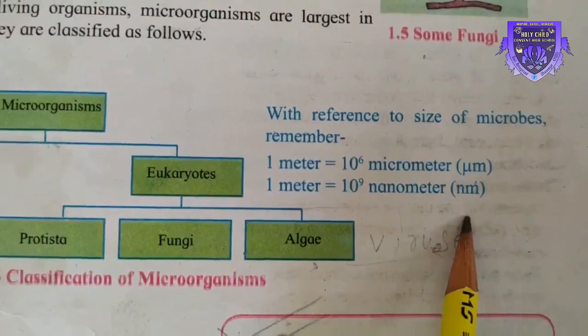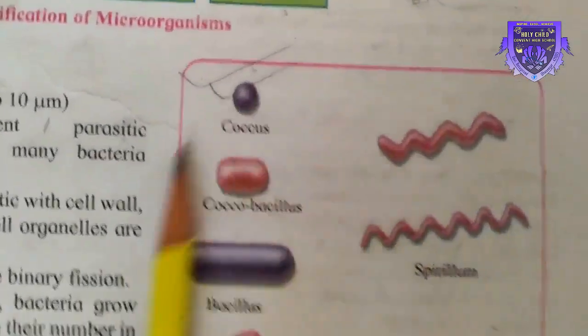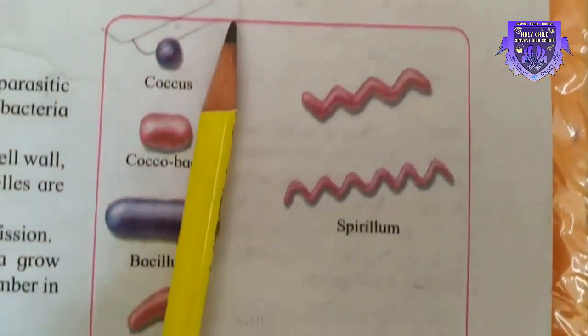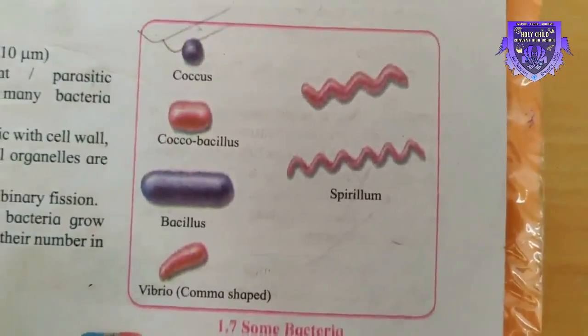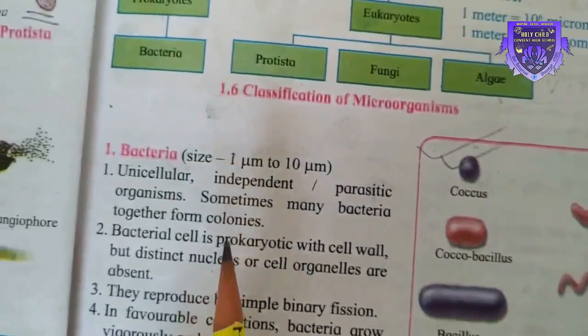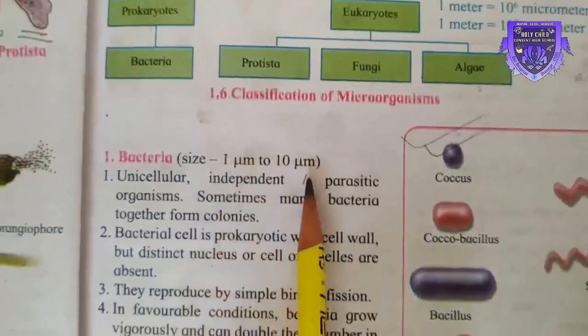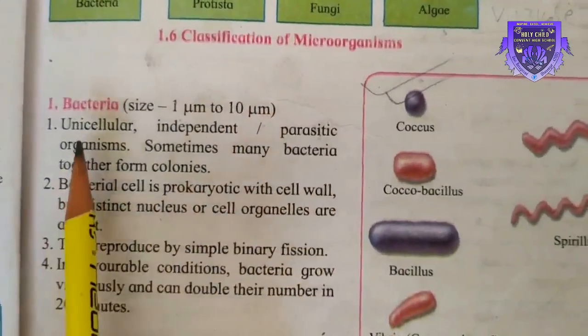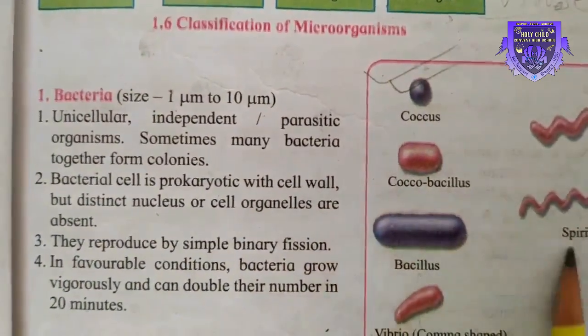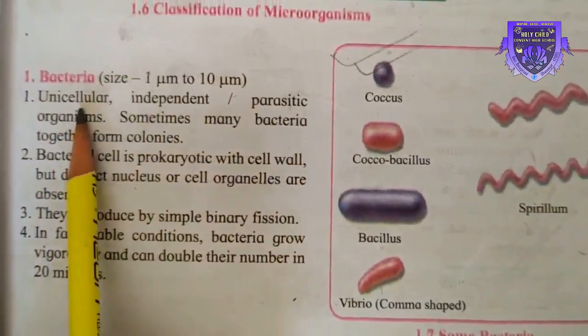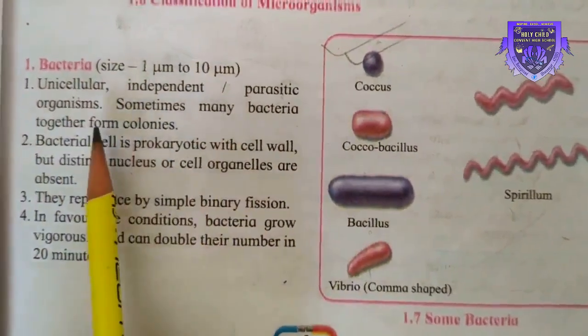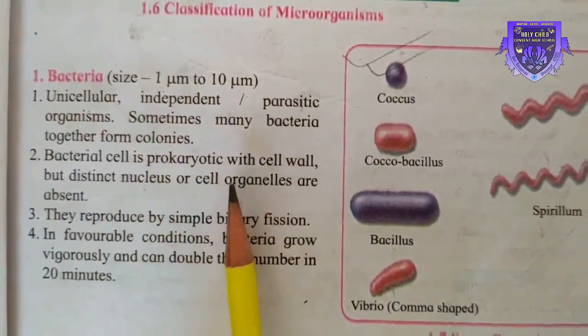The very first one which we are going to see is bacteria. Bacteria are small organisms and their size is between 1 micrometer to 10 micrometer. They are of different shapes. They are all unicellular and prokaryotic.